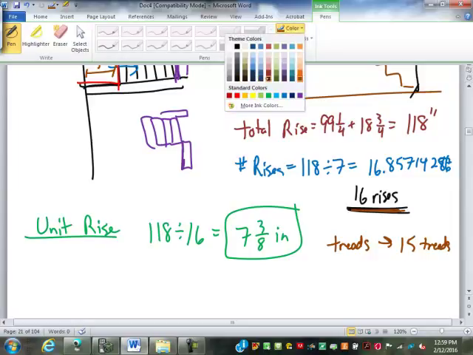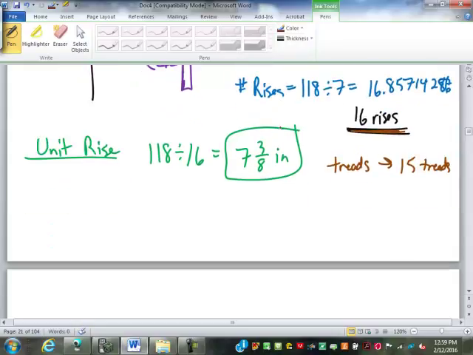So let's take a look at our required number of treads for a stair opening. So let's see the required drop.